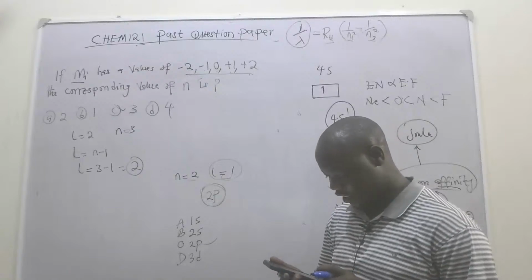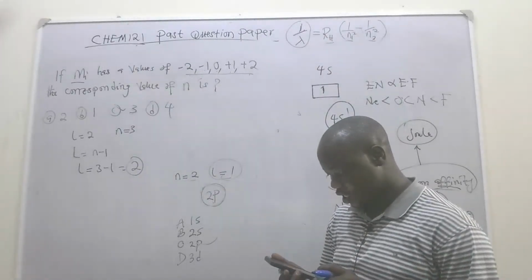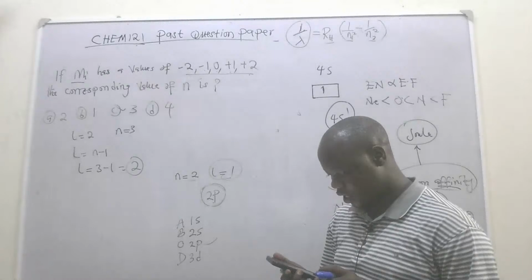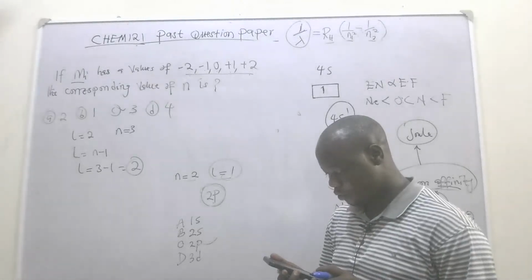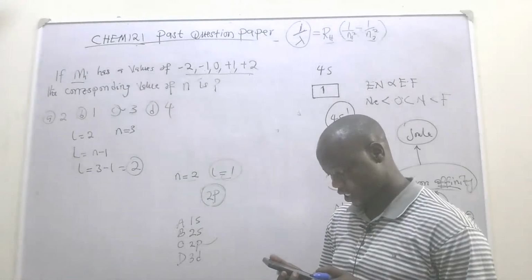Then another question, look at it: the number of atomic orbitals possible for n equals to 3.